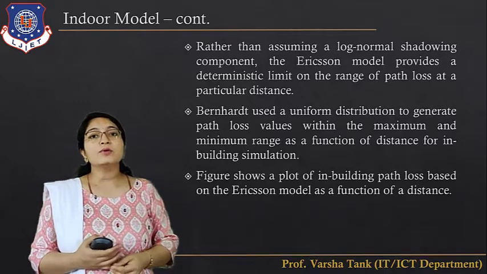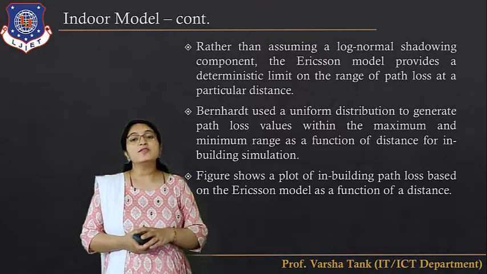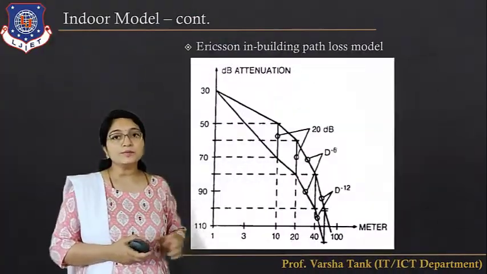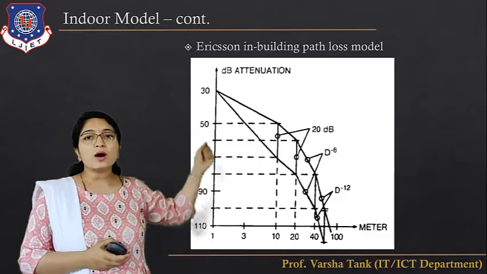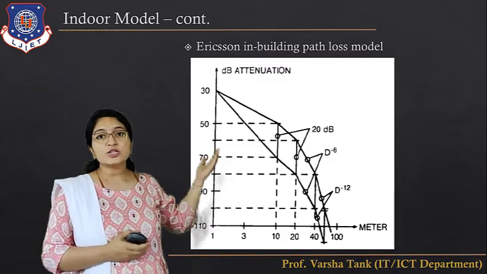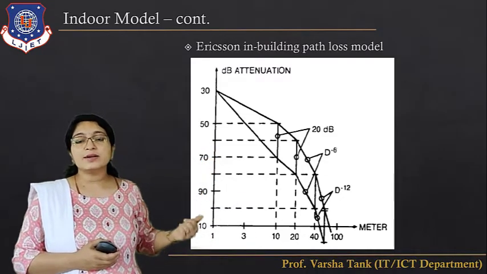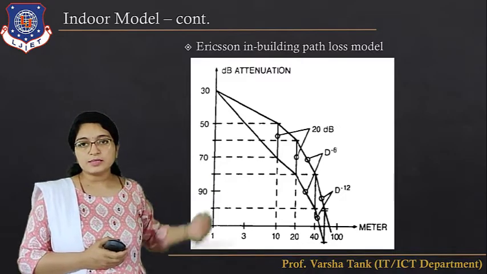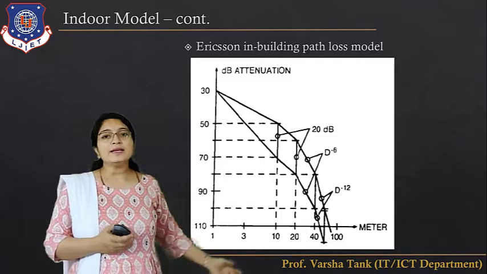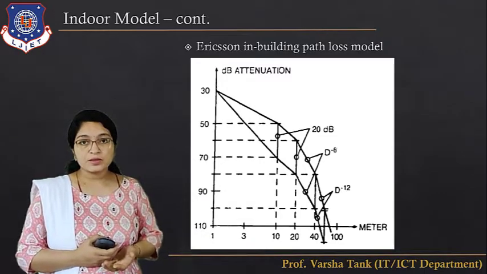Let's see the figure that plots the in-building path loss based on the Ericsson model as a function of distance. Here you can see in this figure the attenuation versus distance. The attenuation is given as 30 decibel, 50 decibel, 70 decibel, and 90 decibel, and on the horizontal axis the distance is given as a numeric value in meters.